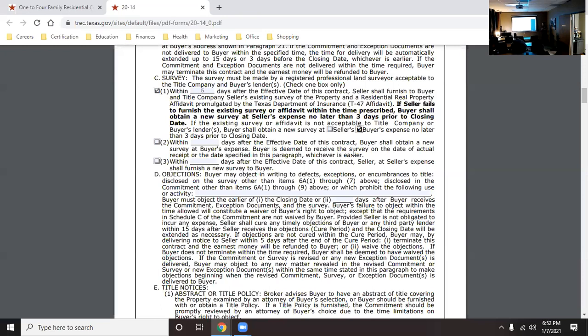Now, let me tell you, this happens a lot, especially if your agent is a part-time agent. It's one of the key things I tell people all the time. A lot of agents, especially newbies or part-time agents, I see this a lot, they'll list a property, but they don't have the seller's disclosure or the T47. What ends up happening is they list the property so they get the first property out. Then they get a contract and they just fill through this real quick.